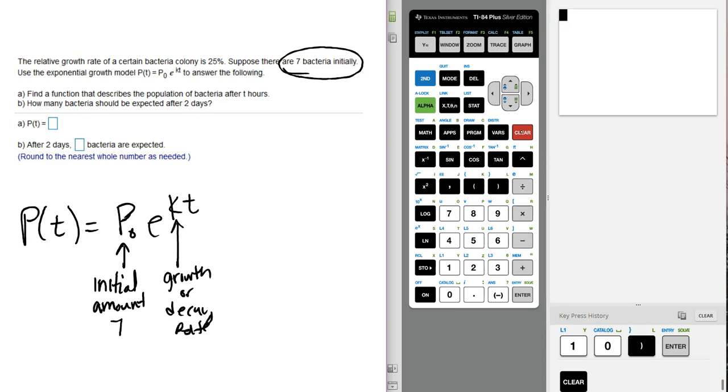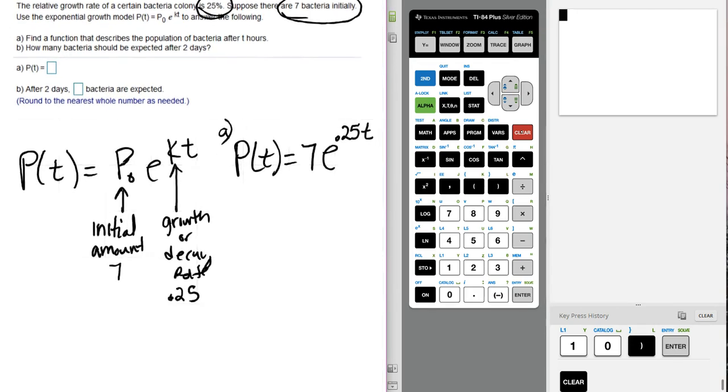So the 0.25, I turn that percentage into a decimal, is going to go in that position, because it says we have a growth rate of 25%. So for our part A of this problem, we're just substituting those 2 things in, 7 in for P naught and 0.25 in for k. And that's the answer to part A.